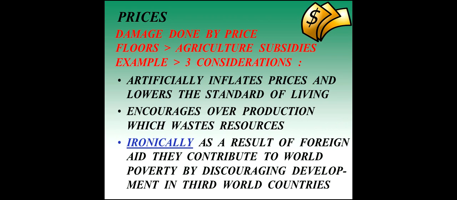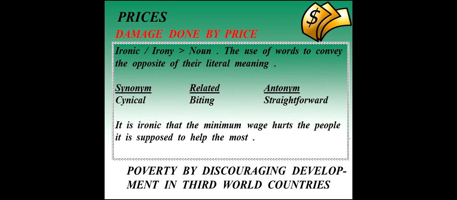Thirdly, as a result of foreign aid, which is given away for free, the agricultural products I mentioned a moment ago contribute to world poverty in other countries by discouraging development of agricultural businesses in those third world countries. And that is rather ironic. If you're not familiar with the term ironic, it means the use of words to convey the opposite of their literal meaning, cynical, biting.